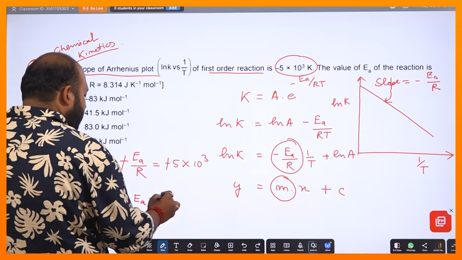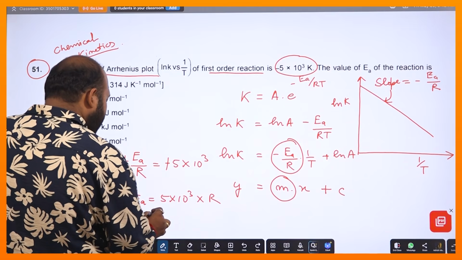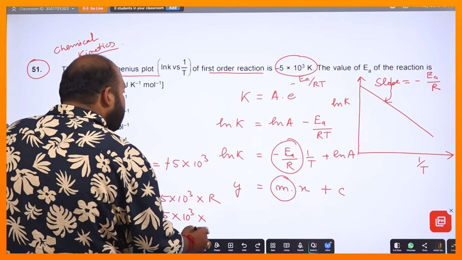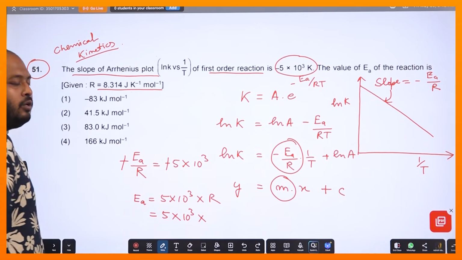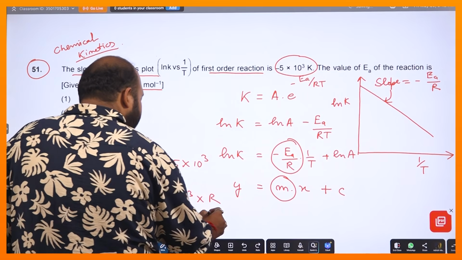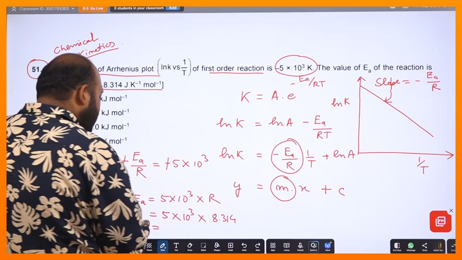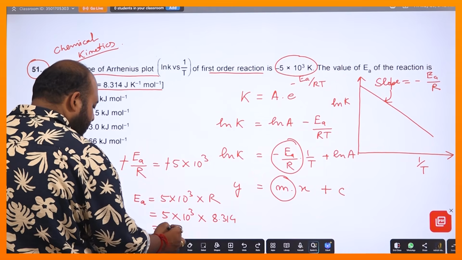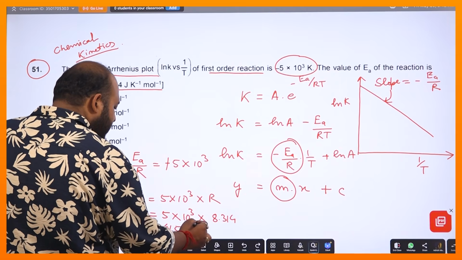In the question you can see the value of R is also given, that is 8.314 joule Kelvin inverse mole inverse. So simply we have to multiply it with 8.314 and the answer will be approximately 41.5 into 10 to the power 3.